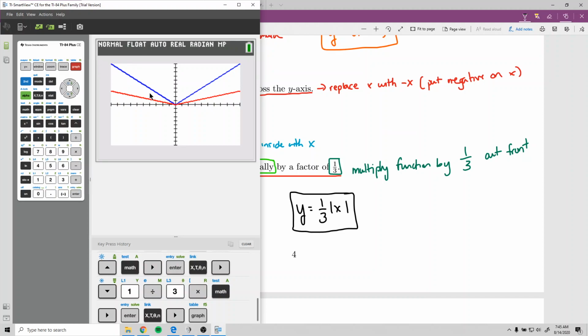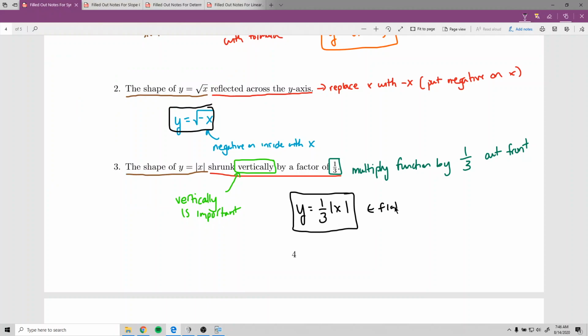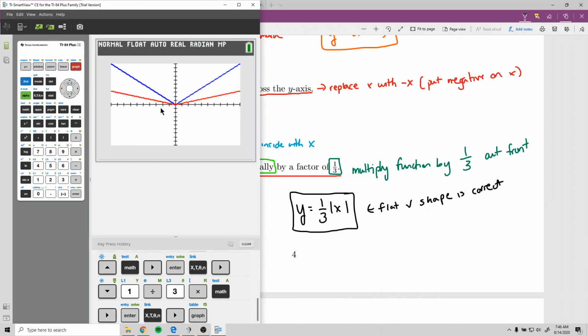this is the original in blue, this is the new one in red, and when we say shrink vertically by a factor of 1/3, what's happening is it's becoming 1/3 as tall. But it still has that V shape, it's just a very wide V shape. Now, that's the answer.